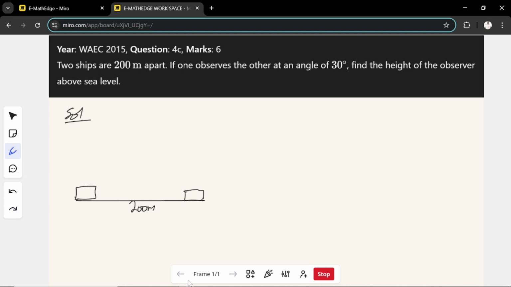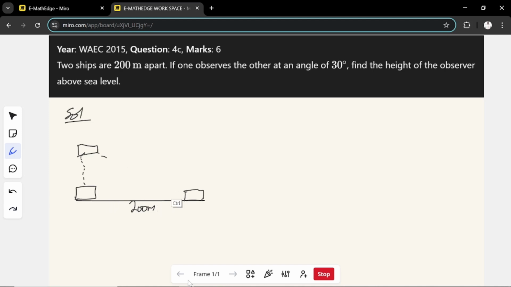Now, if one of these ships observes the other at an angle of 30 degrees, let's say this ship, the first one, goes above the sea level, maybe to this point, and observes the other one at an angle of 30 degrees. That's what this question is actually saying.